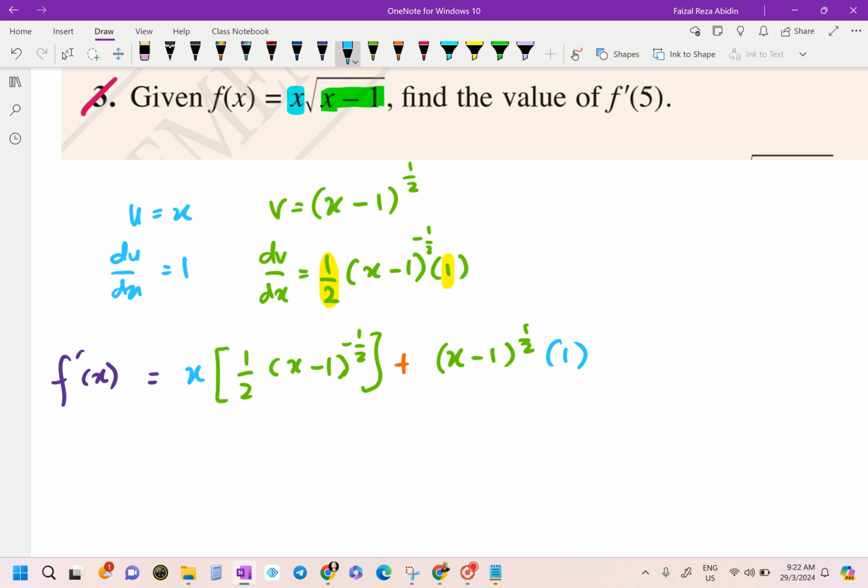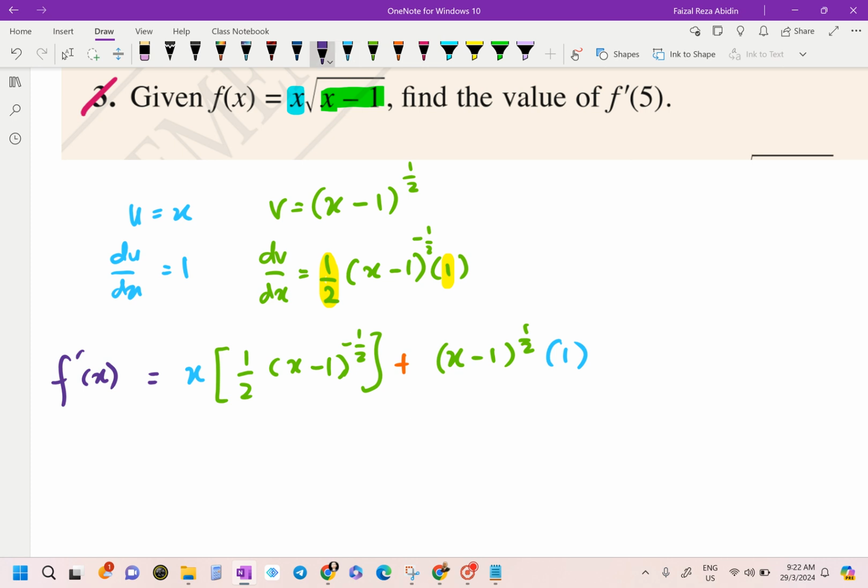If you look, we are going to expand this one. So x times 1 over 2 is x over 2.